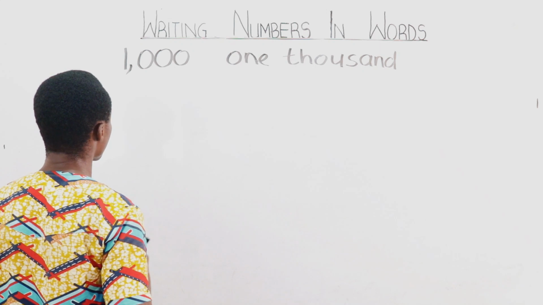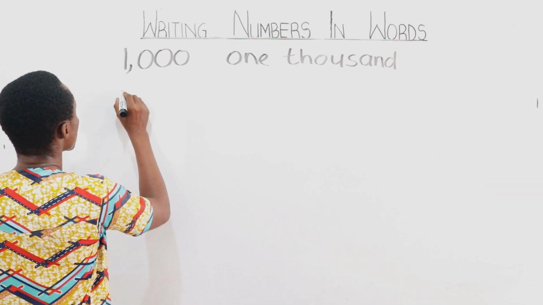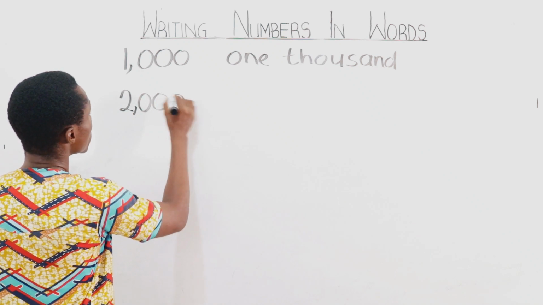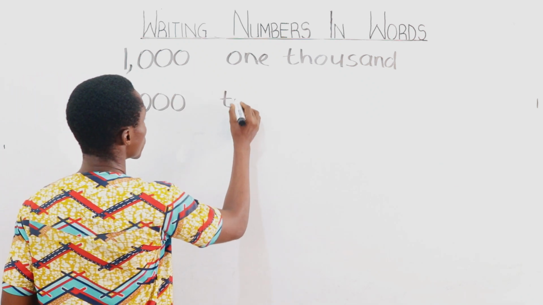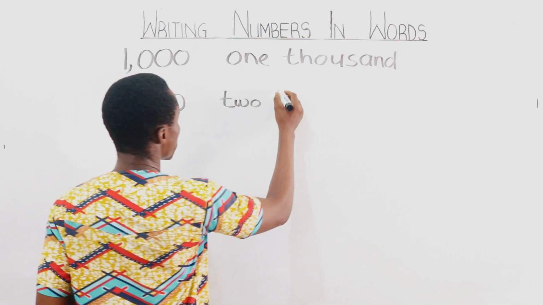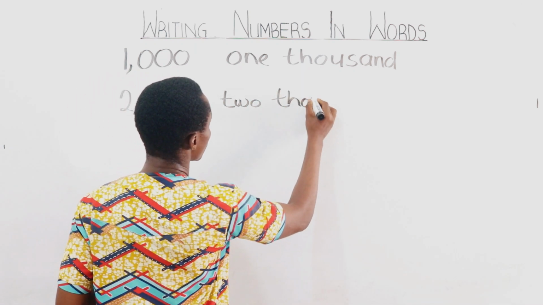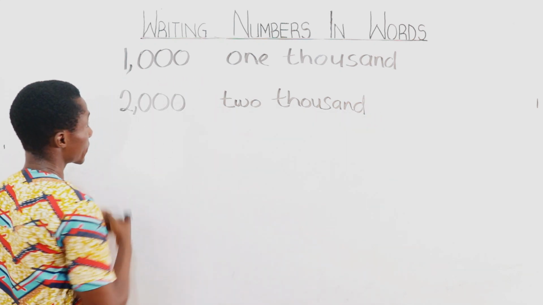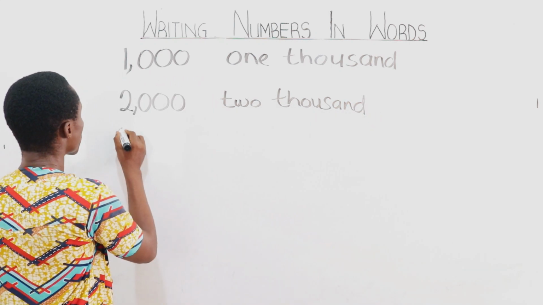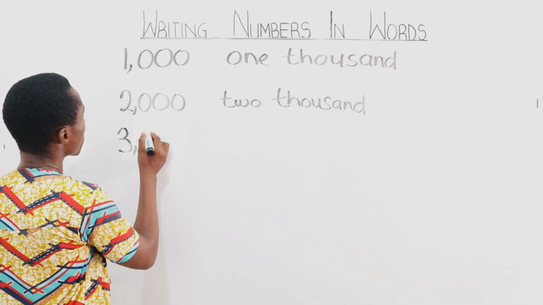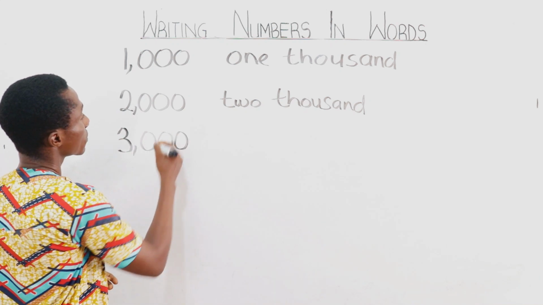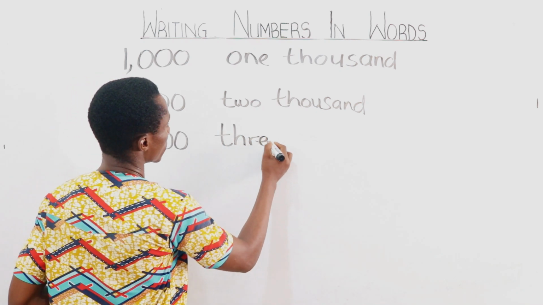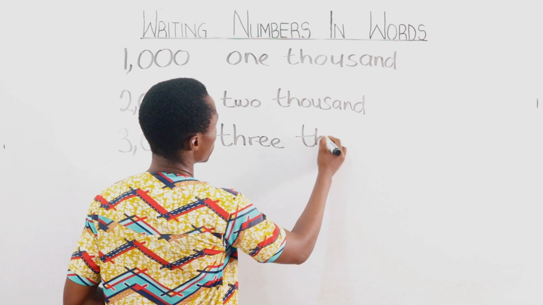And the next 1,000 is 2,000. And that is 2 and 1,000. The next 1,000 is 3,000. And that is 3,000.